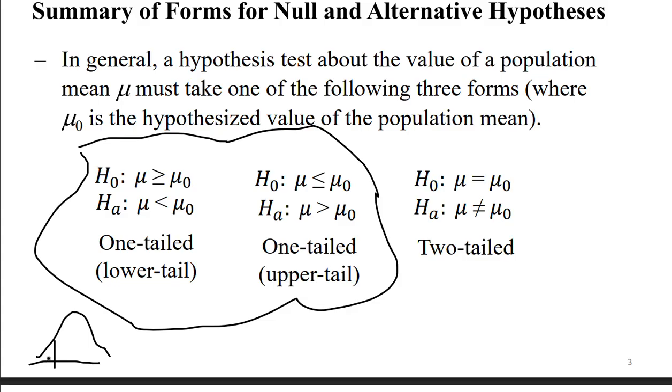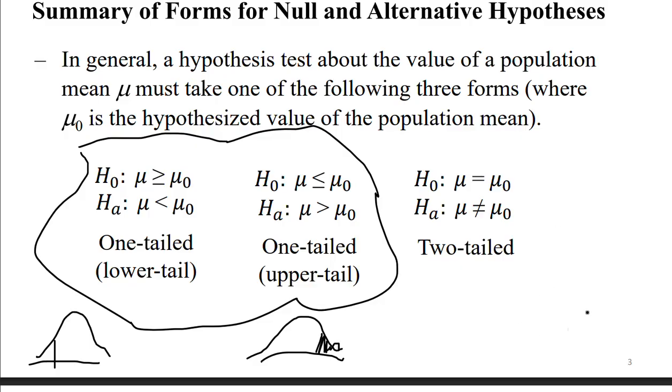If the alternative hypothesis has a greater than sign, then it's also a one-tailed test where we are looking at the upper side of the curve.